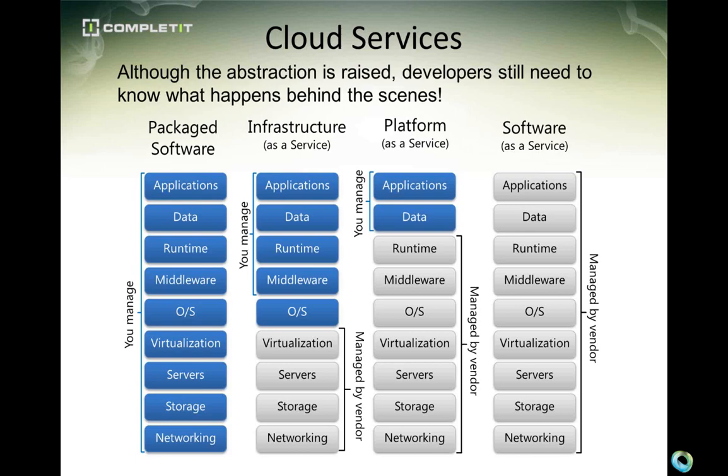Azure is focusing on the third pillar there. It says much more is done by the vendor, so the operating system and the runtimes are already there, so the .NET runtime, for example, is already there, and you can focus on just what you need to build, your applications and your data. And software as a service, there's actually nothing that you have to do yourself. It's just an application that you use that's hosted in the cloud.